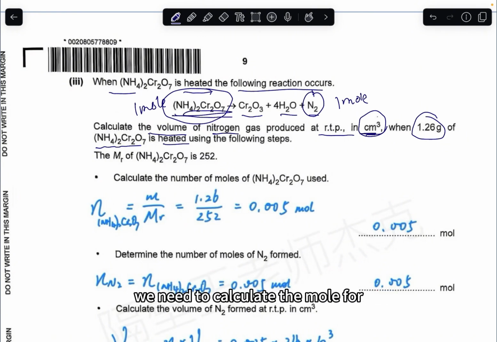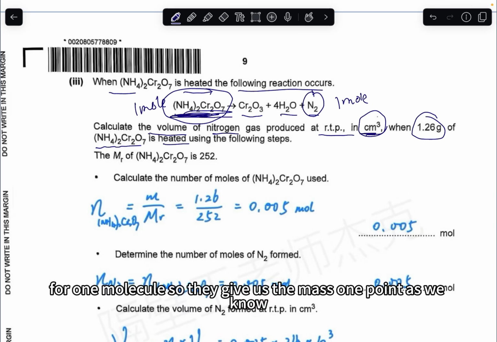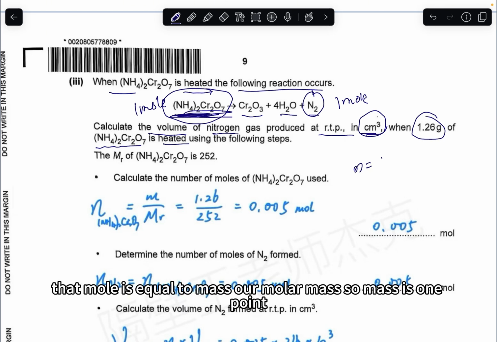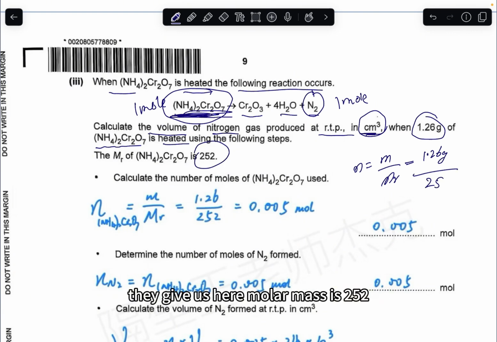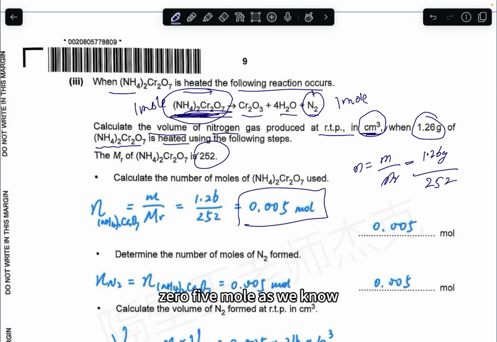First we need to calculate the moles of ammonium chromate. They give us the mass, and as we know, moles is equal to mass divided by molar mass. So the mass is 1.26 grams divided by the total molar mass. They give us here the molar mass is 252. So the answer is 0.005 mole.